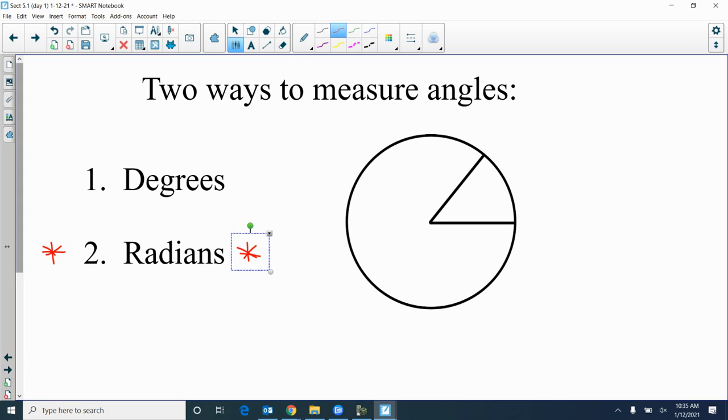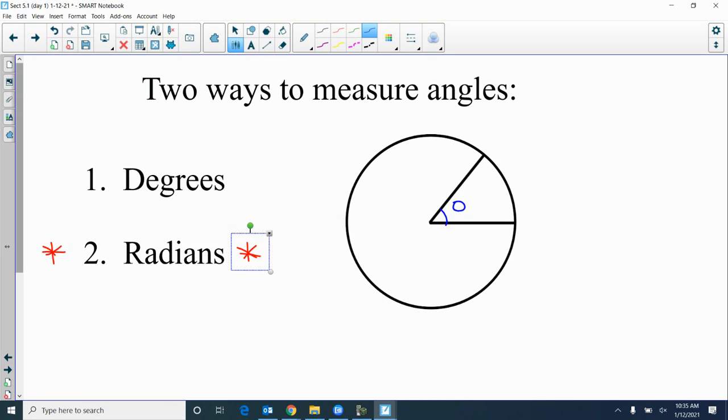Degrees is arbitrary, though. How many degrees are in a circle? 360. Why are there 360 degrees in a circle? Because somebody said, hey, let's use 360. And somebody else said, okay, let's do it. And so we chose 360. Radians is based upon a mathematical foundation.